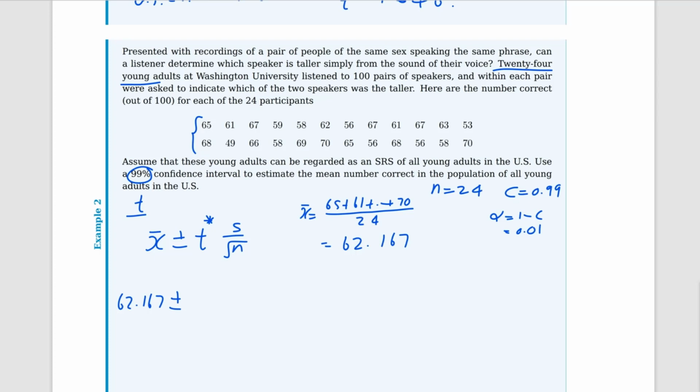How do we find the T star? To find the T star, we need degrees of freedom. What is the degrees of freedom? Degrees of freedom equals n minus 1. Here n equals 24 minus 1, then 23. And we know confidence level is 99. Therefore, go to the T table and 99%.